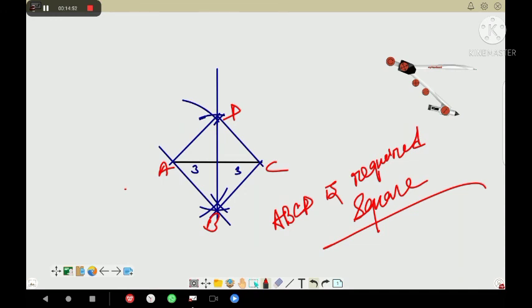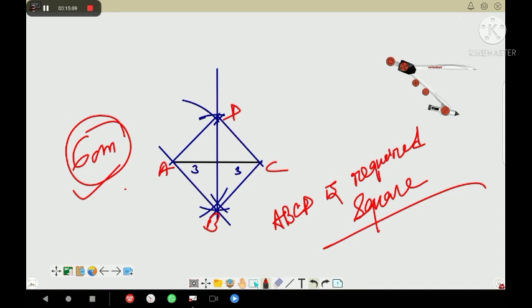BD and AC are the diagonals, and the length of each diagonal is 6 centimeters. In this way we can draw a square when one diagonal is given.